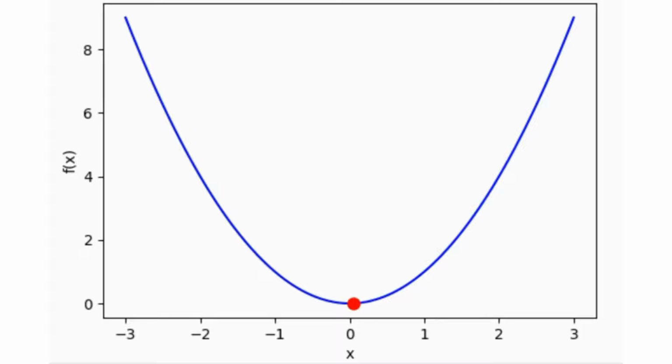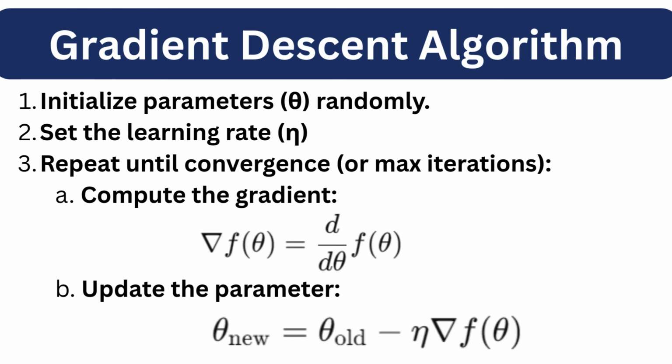Now let's discuss the gradient descent algorithm. Step 1 is to initialize the model parameters randomly. We call those parameters theta. In step 2, we set the learning rate. Step 3 is repeated until convergence or maximum iterations reached. We refer to them as epochs. There are two things that we need to do.